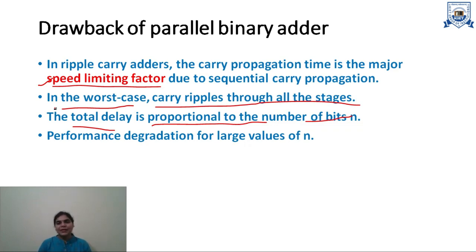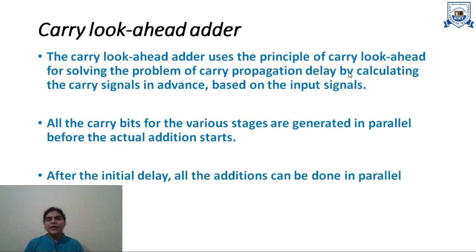In real life, we design 32-bit adders and 64-bit adders. So in a 64-bit adder, the propagation delay will be very high. The carry-lookahead adder solves the problem of carry propagation delay in the ripple carry adder.